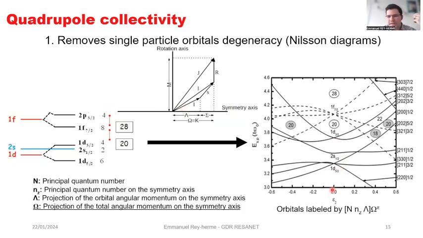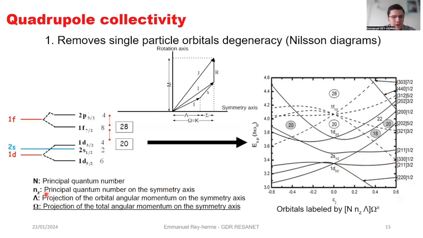And if we look here, this is a Nilsson diagram. We have the quadrupole deformation on the x-axis, and the energy of the states on the y-axis. And so for zero deformation, we find back the shell model, the same orbitals as here. And when the deformation increases on one side or the other, the orbitals split into several different orbitals that have a new way of numbering.